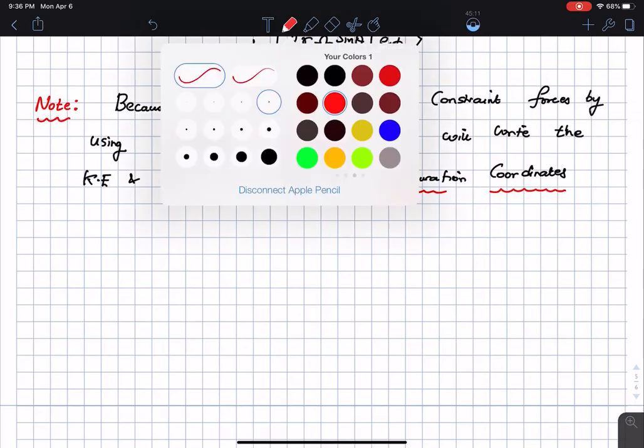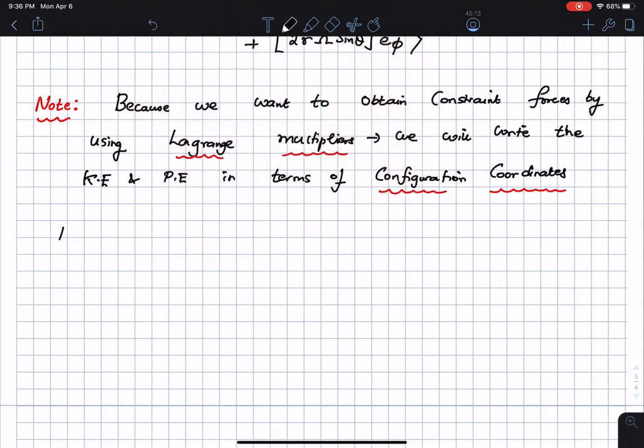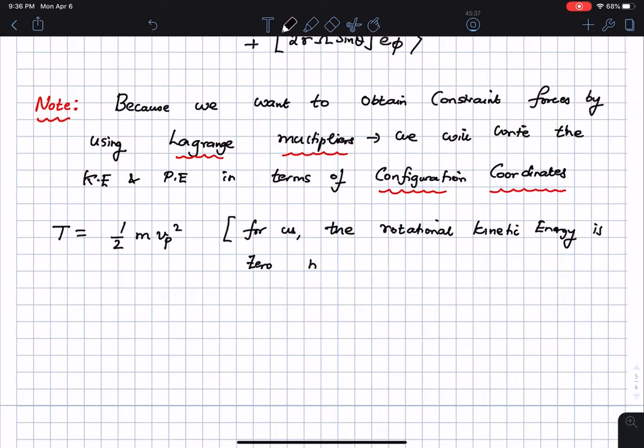All right, I'm going to proceed and write the kinetic energy. So T is half m vp square, and in this situation, for us the rotational kinetic energy is 0 because we have a particle.